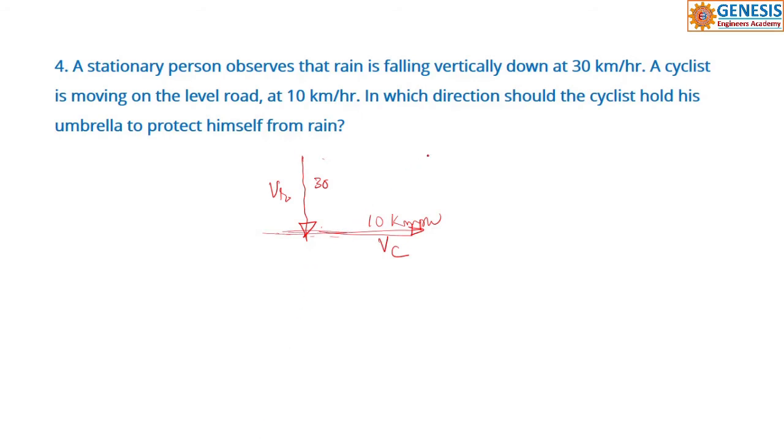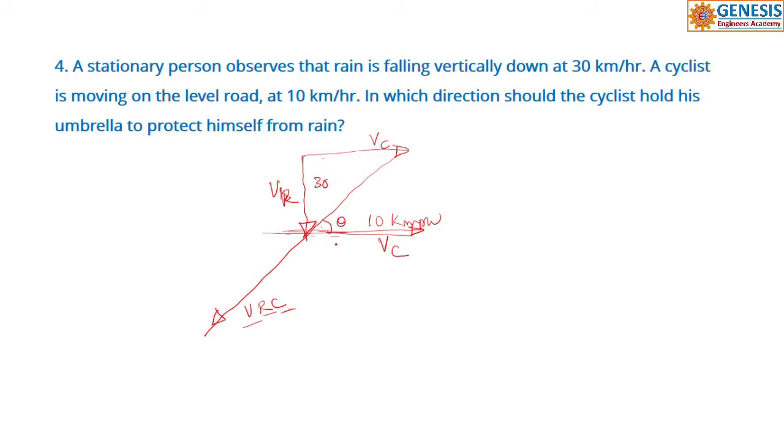I can move that to the upper side, so this may be the direction. That is VRC, the velocity of rain with respect to cycle, because the cyclist has to protect himself from the rain. Knowing the velocity of rain with respect to cycle, this is the angle with the horizontal.